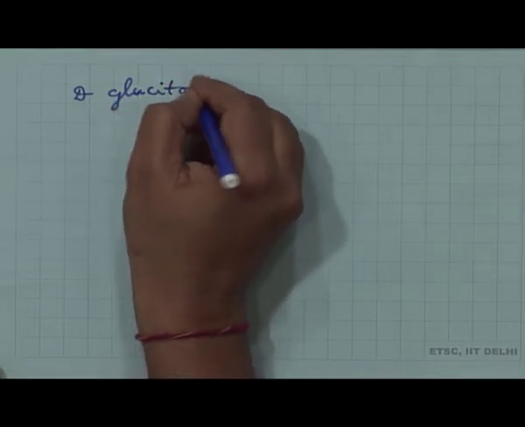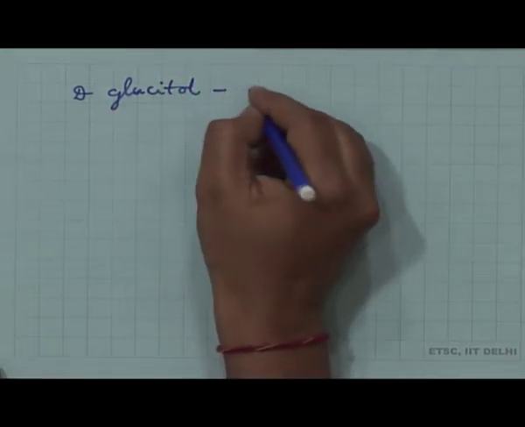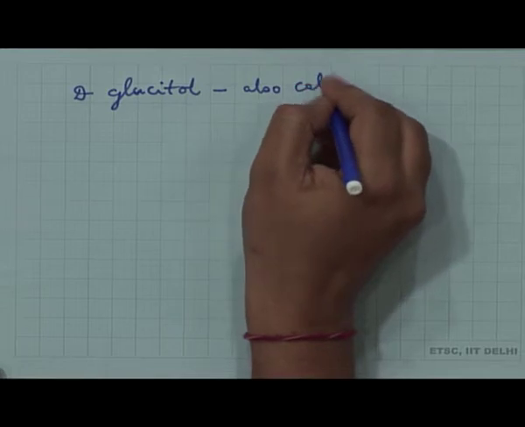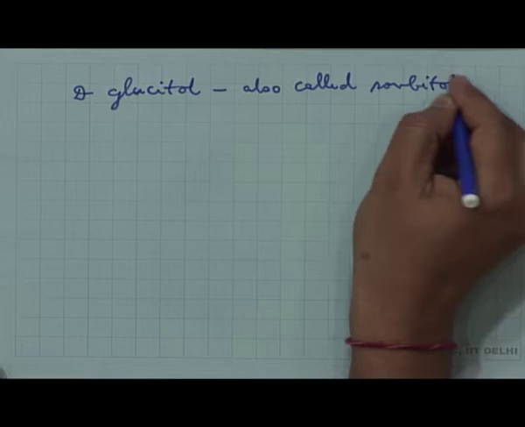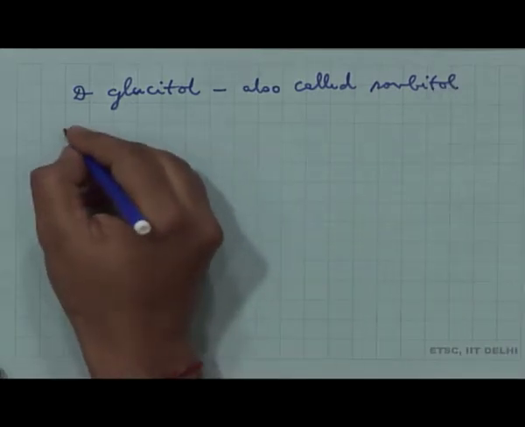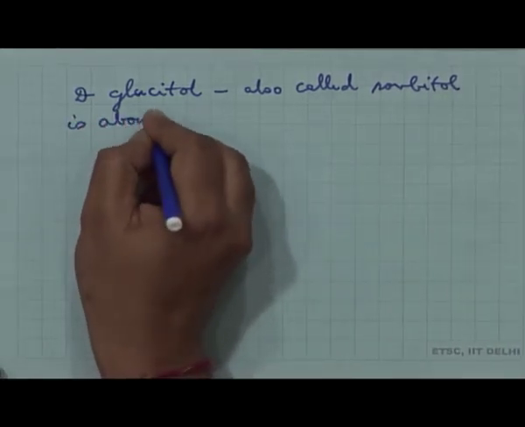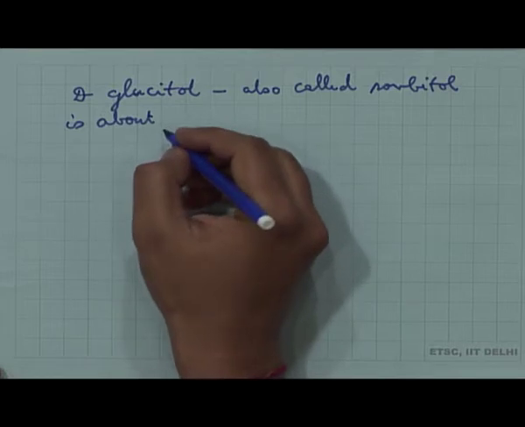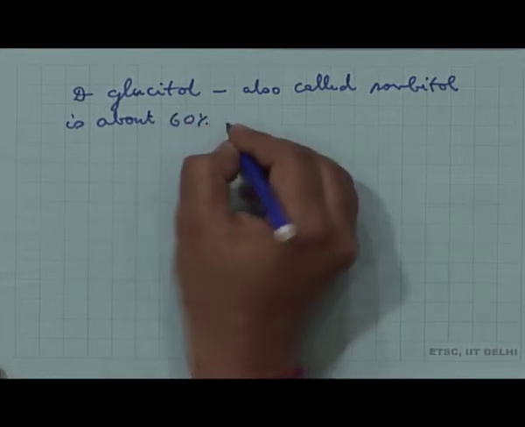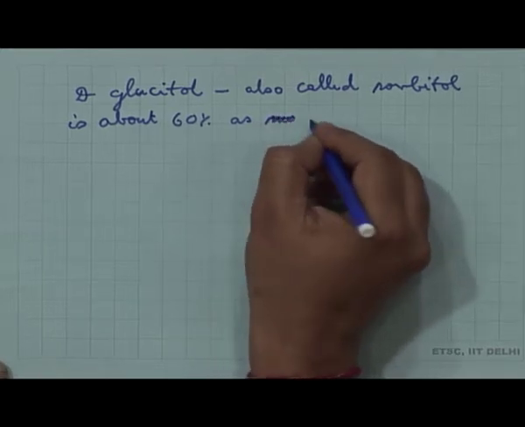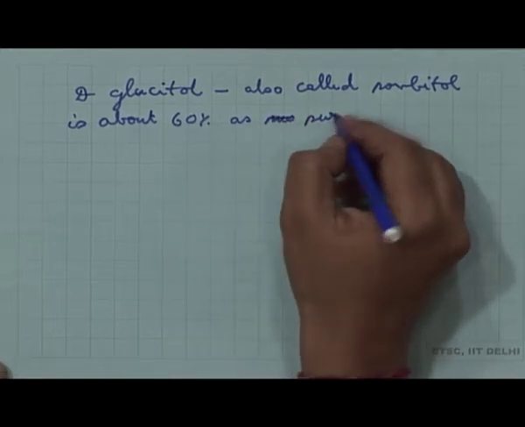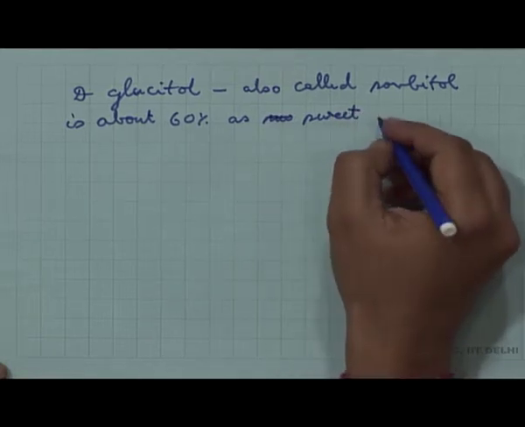D-glucitol, also called sorbitol, is about 60% as sweet as sucrose.